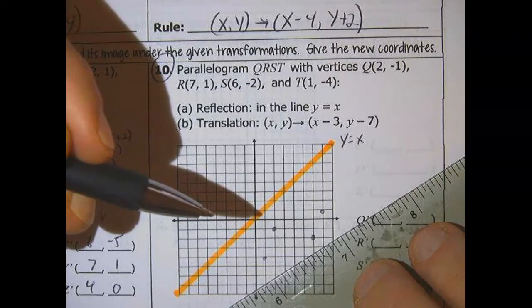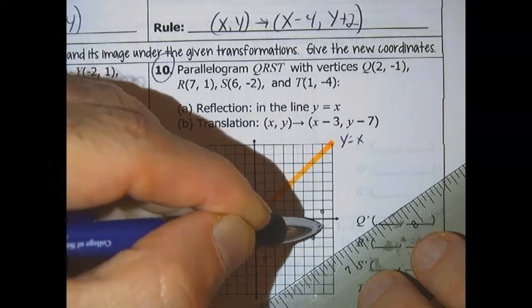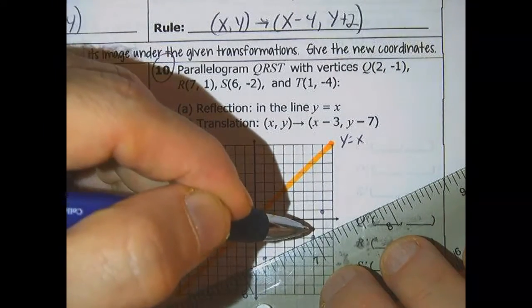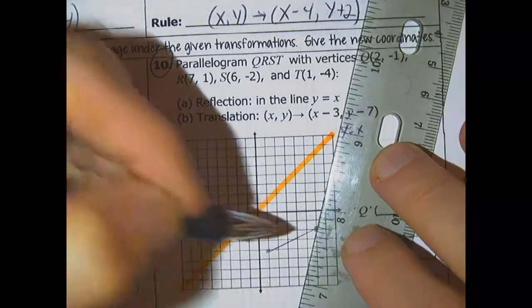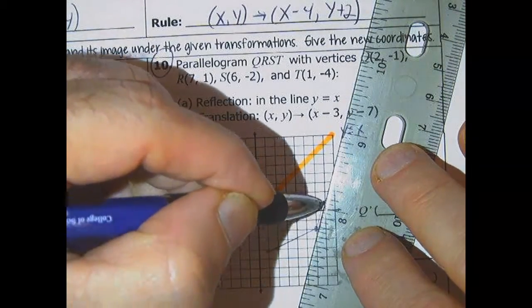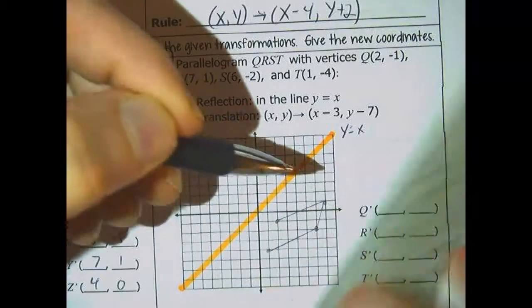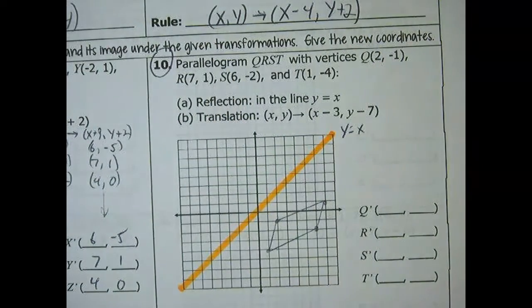But it does look like it: down 1, 2, 3, and over 1, down 1, 2, 3, and over 1. Yeah, it's going to be a parallelogram. So I'm going to connect this, and this is my pre-image. After I connect it, I'm going to shade it blue, because I like to shade all pre-images blue, just so we have something to get used to. Okay, so there's the pre-image.